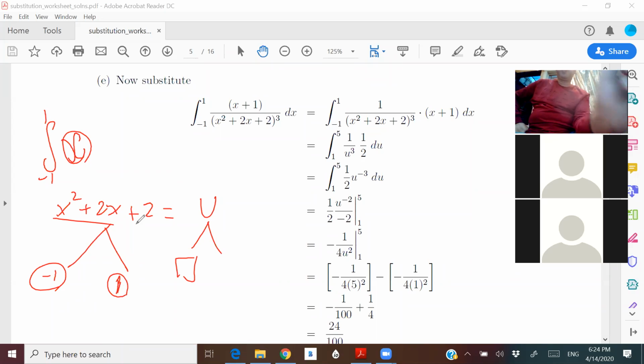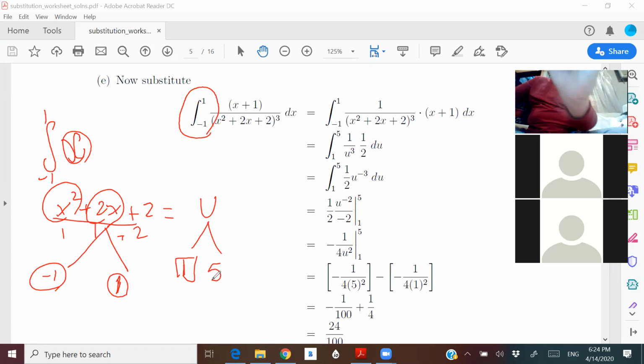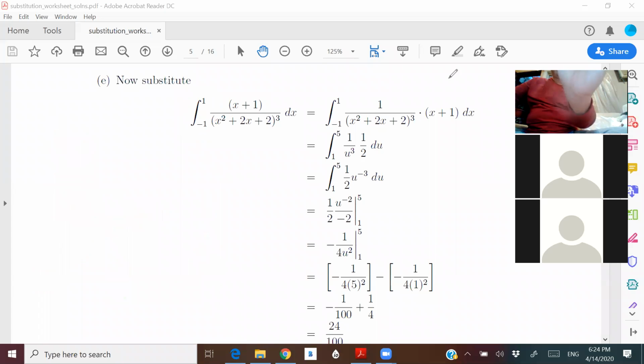In the past, I integrated from -1 to 1, but now I'm going to integrate for u. At x equals -1, u becomes 1. At x equals 1, u becomes 5. So the integration becomes from 1 to 5 for u, not for x. Replace u by 5, replace u by 1, and subtract, it becomes 24 over 100.